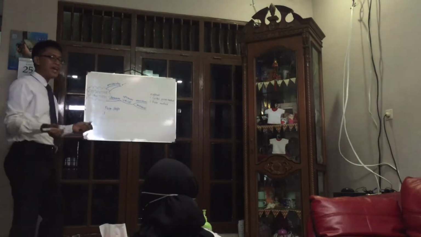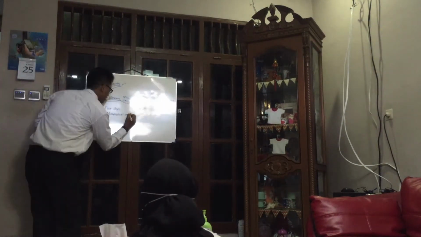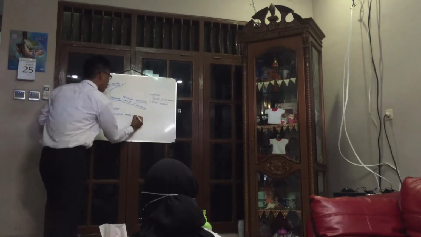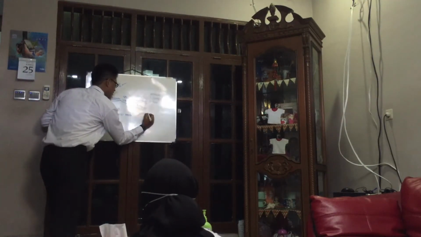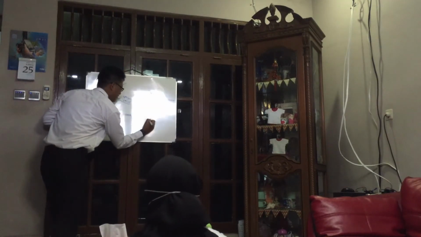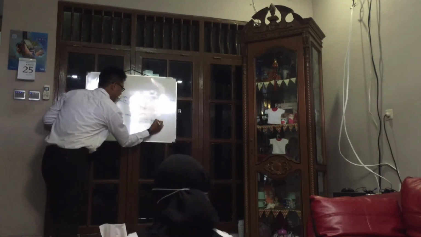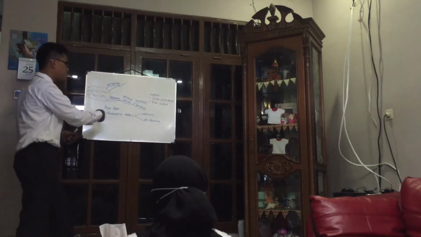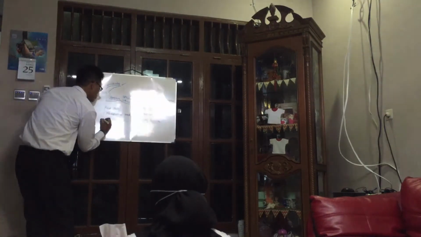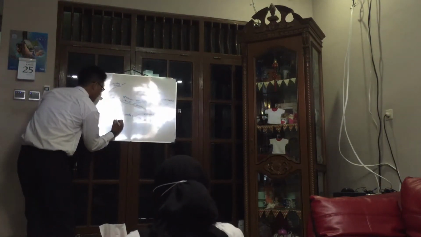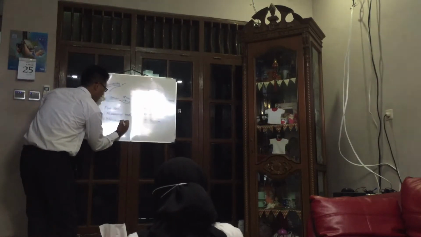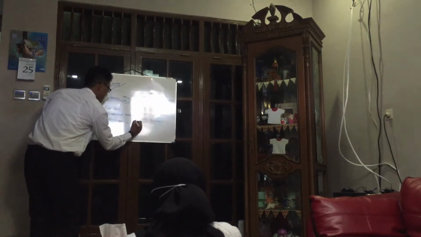First, we make a mathematical model that consists of all constraints and the objective function. After you make a mathematical model, you should make a graph of all constraints.